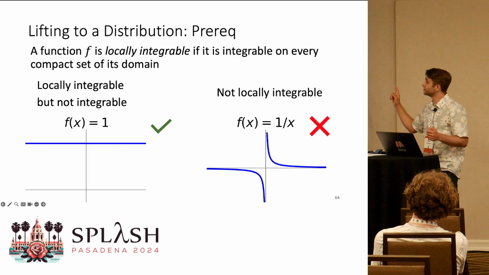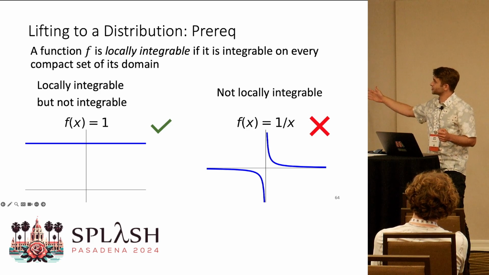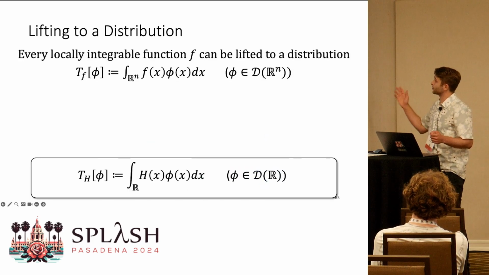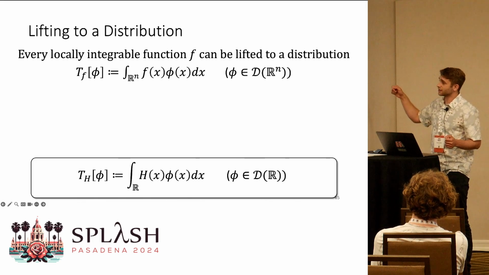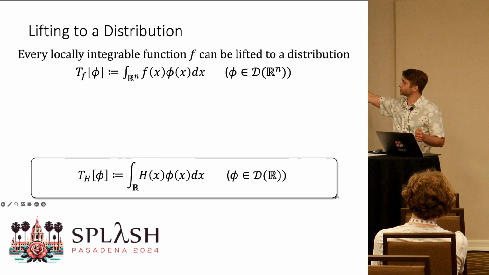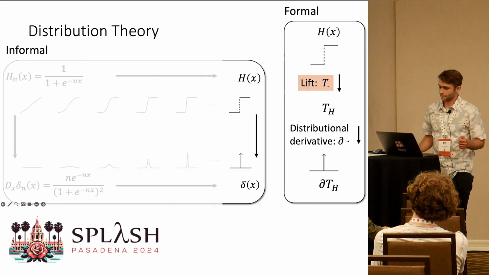So not integrable, but it is locally integrable. And the singular function is not locally integrable. So this T operator takes in a locally integrable function, and it works by integrating that locally integrable function against a test function, which we'll talk about later.